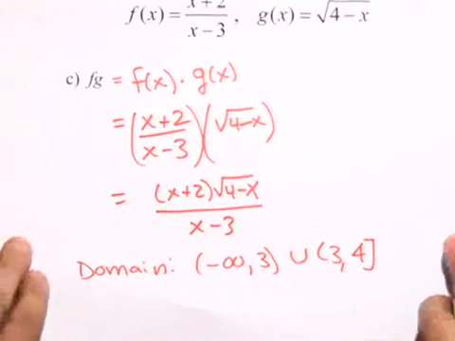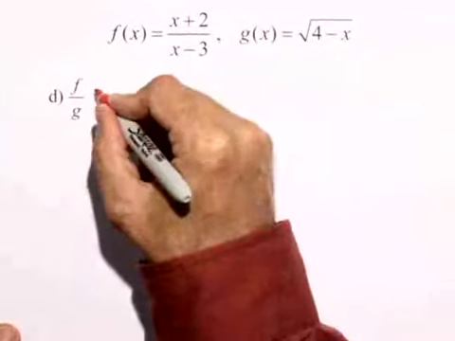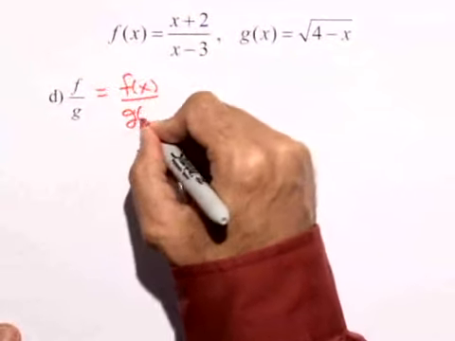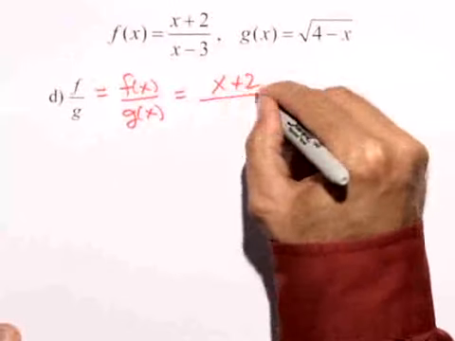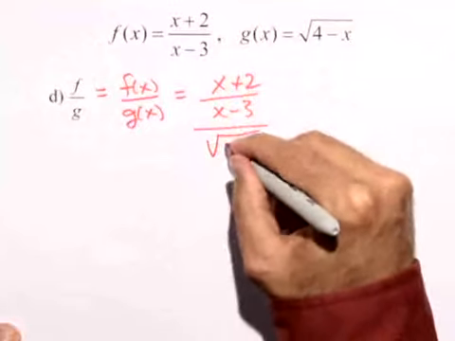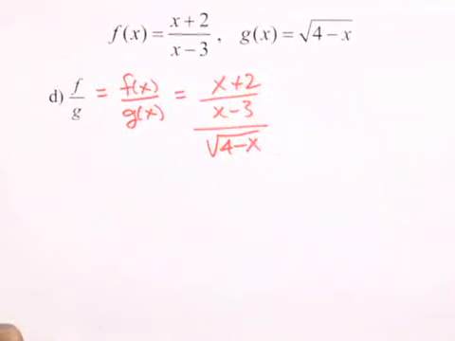And finally, we'll do part D. F over g is f of x divided by g of x. So we'll write x plus 2 over x minus 3, divide that by our function g of x, which is the square root of 4 minus x.